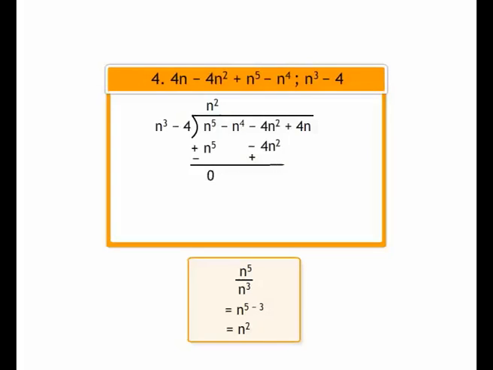Now bringing the second and the last term of the dividend down for division, the dividend becomes minus n raised to 4 plus 4n.